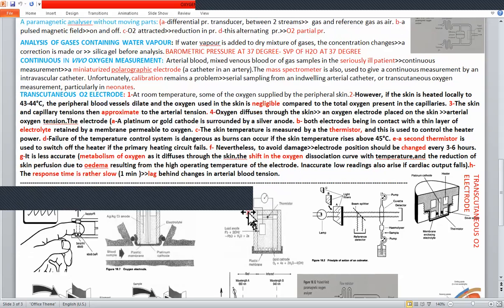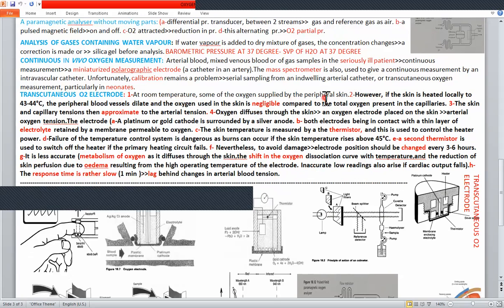This is a system used especially in neonates, where it is polarographic, where we have, of course, a cathode and an anode, and we have a heater. You know that, of course, the skin is in need of oxygen, so it takes oxygen from the nearby blood vessels. It may affect the oxygen present in this blood vessel.